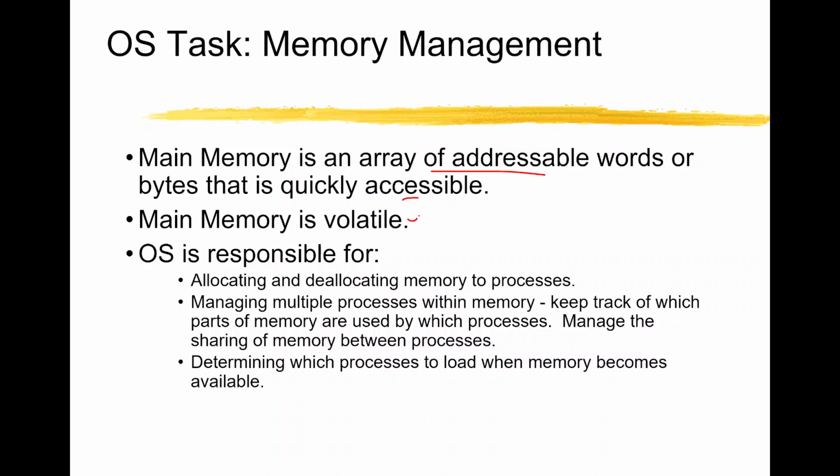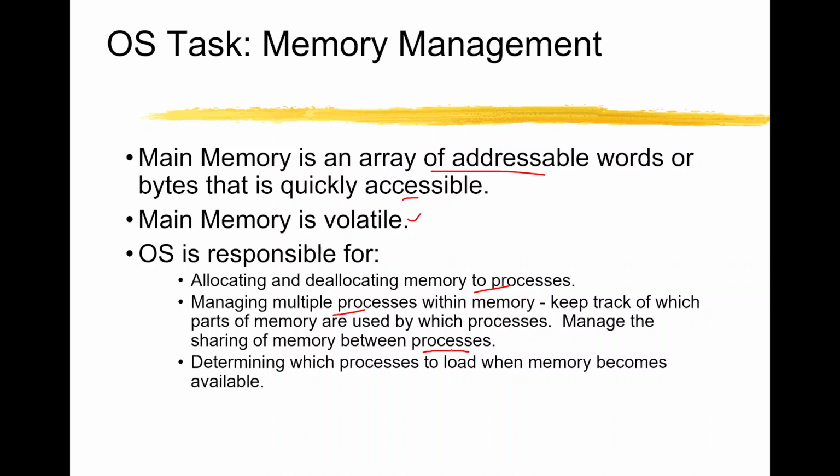The main memory is volatile, the RAM, as we had said earlier. The operating system is responsible for allocating and deallocating memory to processes, and managing multiple processes within the memory. It keeps track of which parts of memory are used by which processes. It manages the sharing of memory between processes.